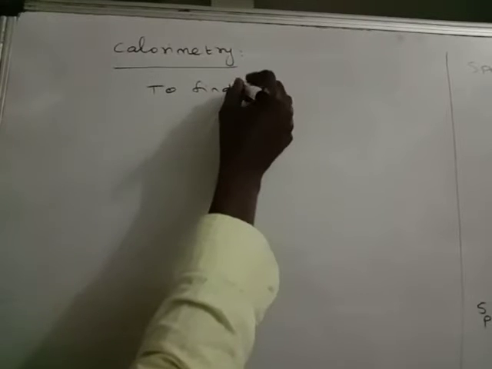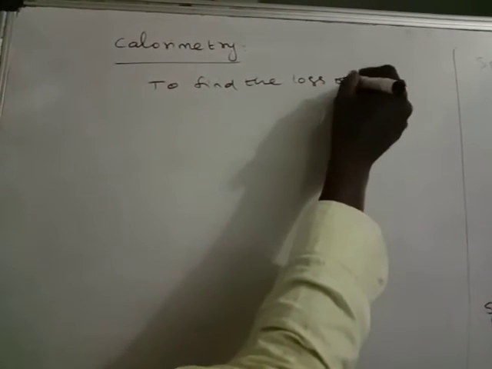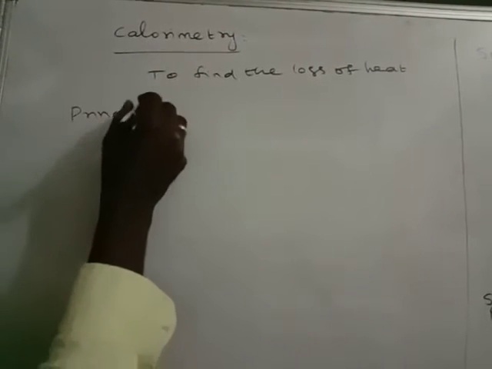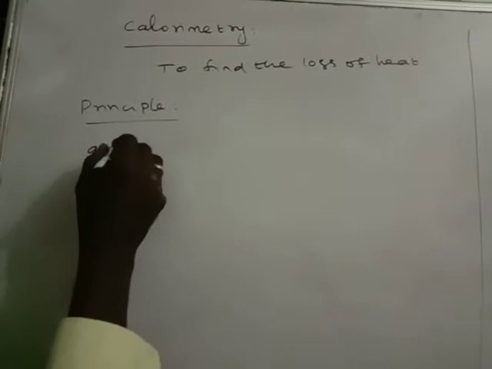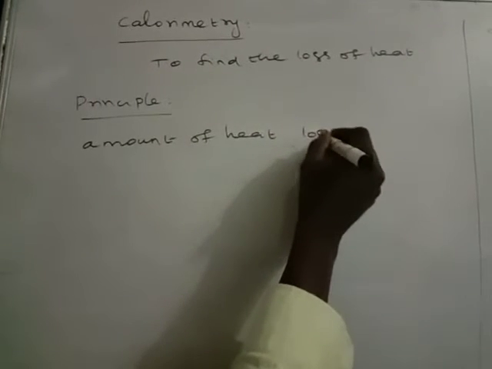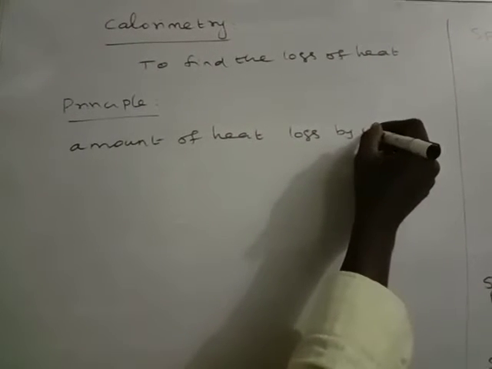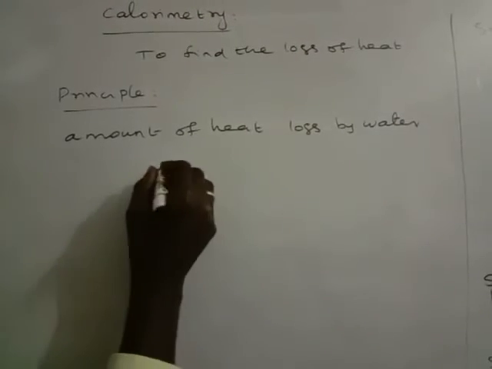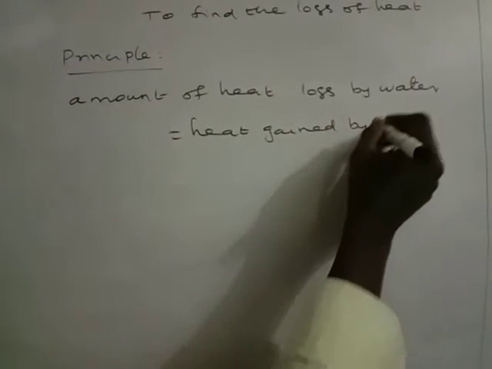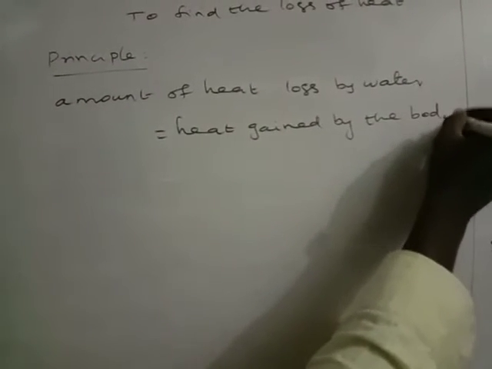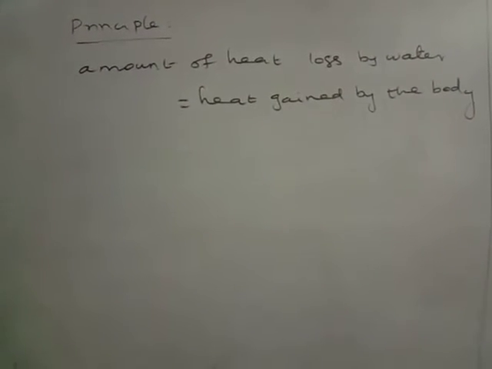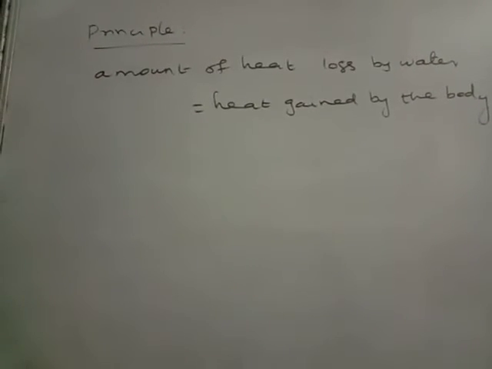Then the principle: the amount of heat lost by the water is equal to the heat gained by the body or surrounding. So the amount of heat lost is equal to heat gained. The amount of heat lost by water is equal to the heat gained by the body.